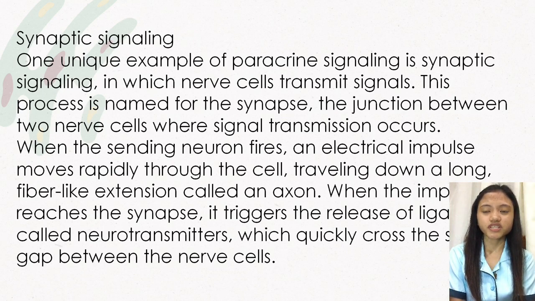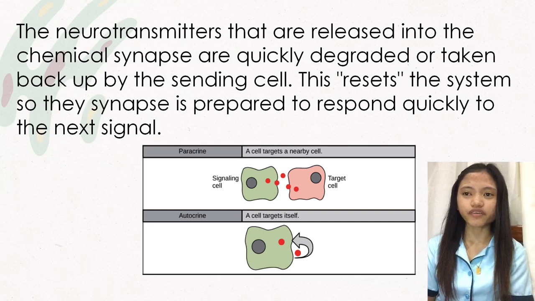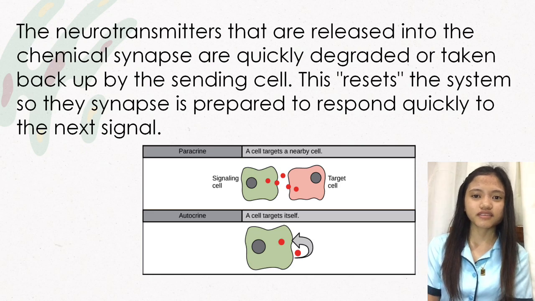When the impulse reaches the synapse, it triggers the release of ligands, called neurotransmitters, which quickly cross the small gap between the nerve cells. The neurotransmitters that are released into the chemical synapse are quickly degraded or taken back up by the sending cell. This resets the system so the synapse is prepared to respond quickly to the next signal.